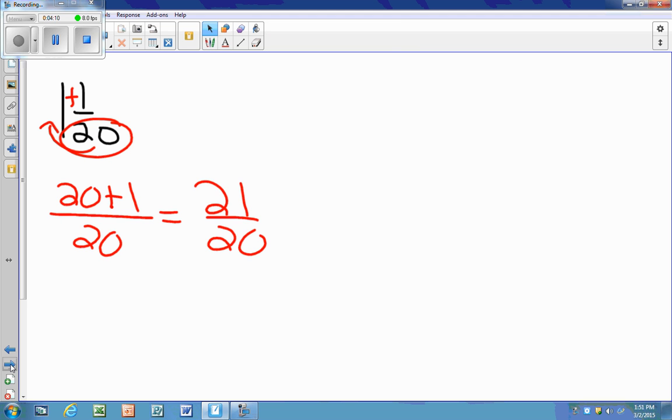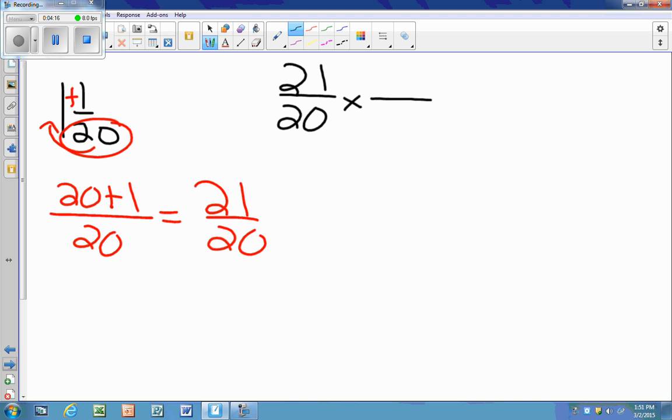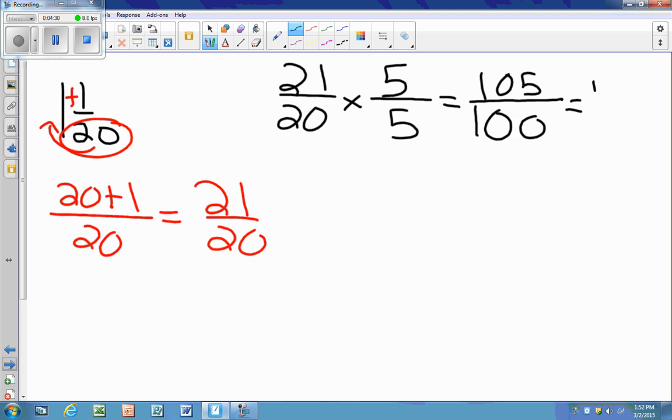So now we're going to turn 21/20ths times something, or multiplied by something, equals 10. Well, we know that won't work, so we're going to try 100. 20 times 5 is 100, and 21 times 5 is 105. And when I turn that into a mixed number at the end, it's 1 and 5 hundredths. And as a decimal, it's 1 and 5 hundredths.